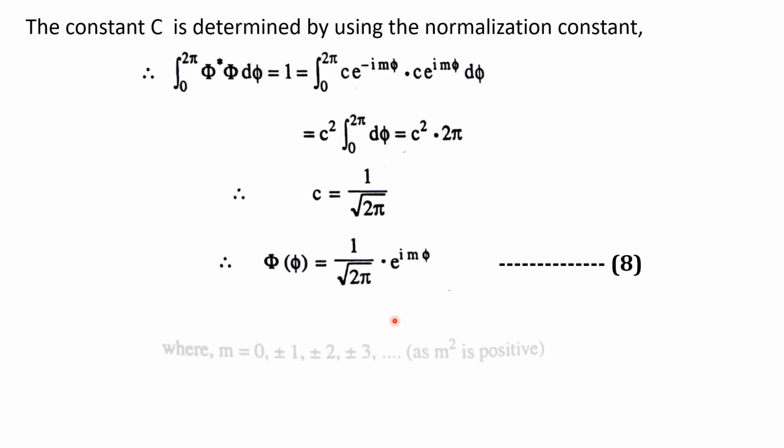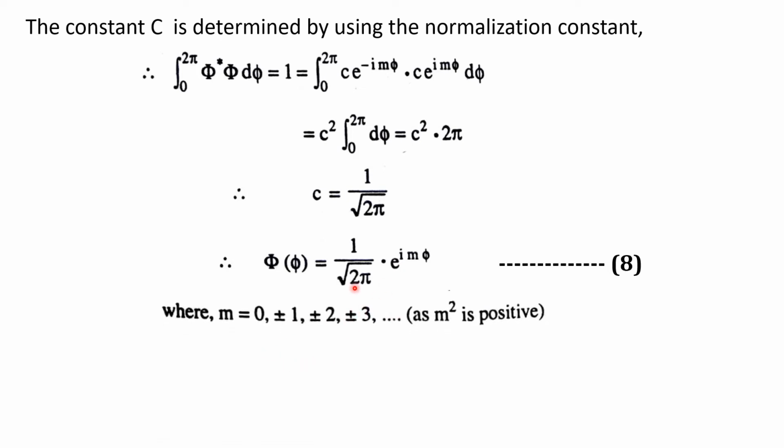Now we solve the next term. Here the value of m is equal to 0 or plus minus 1 or plus minus 2 or plus minus 3, as m square is positive.